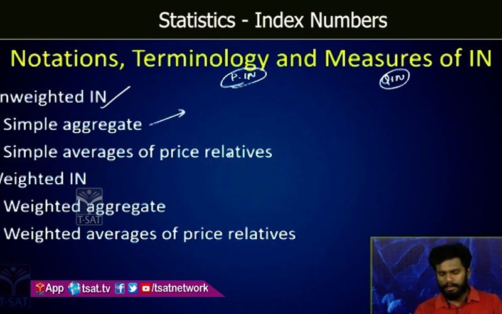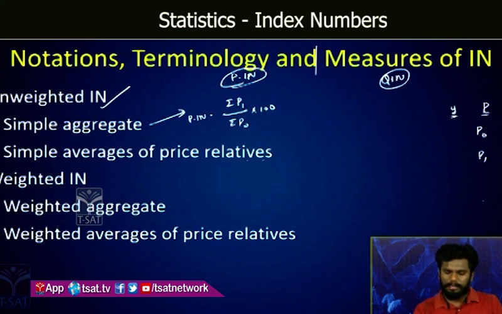When we know P0 and P1, the prices in the base year and the prices in the current year, then using the simple aggregate method we find the price index number using the formula summation P1 by summation P0 into 100. This is the formula for finding the price index numbers using the simple aggregate method.